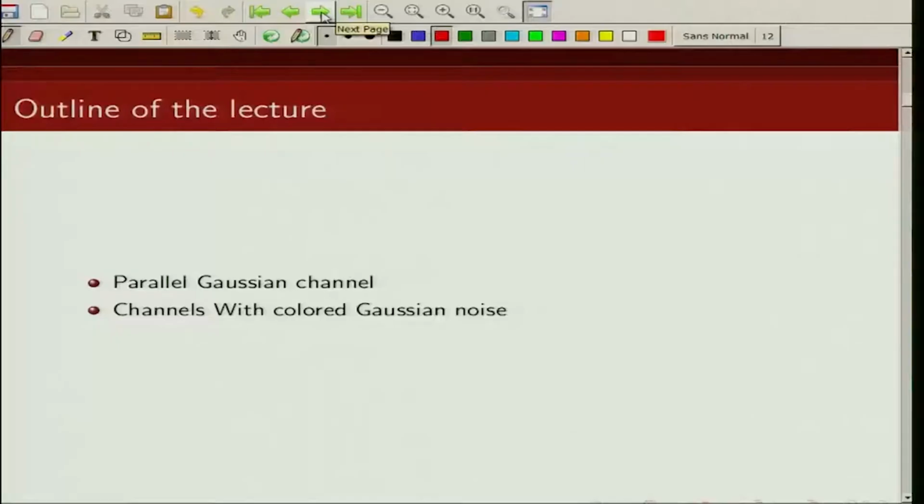Initially, we will assume that the noise is independent across various channels, and subsequently we will consider colored noise, and we will do the power allocation for parallel Gaussian channel with colored noise.